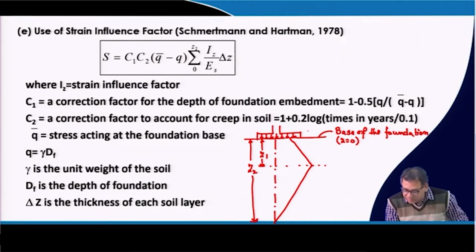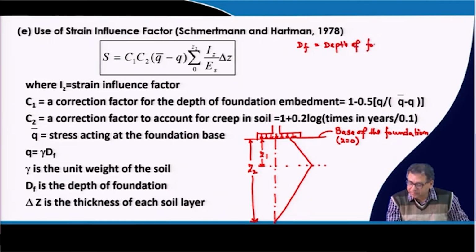Suppose Df is the depth of foundation, then there is a term Q. Now, Q is equal to gamma Df, where gamma is the unit weight of the soil, and Q bar is the stress at the base of the foundation.